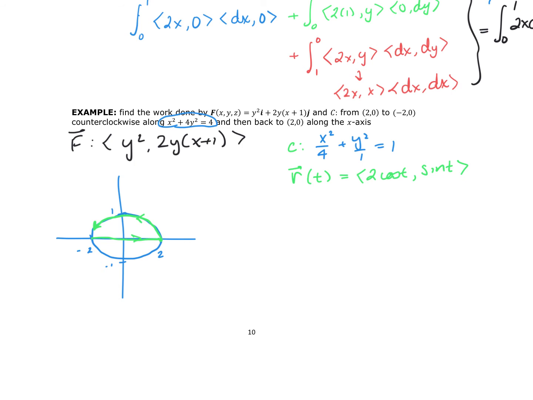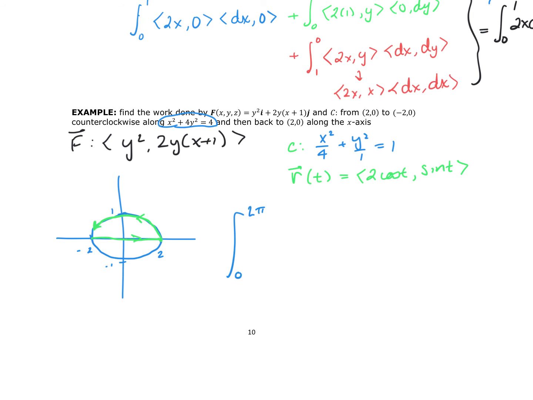So I've now got my r of t in terms of x and y. It's going to go from 0 to 2 pi. Even though we're going along the x-axis, that's okay. My integration is going to go from 0 to 2 pi.